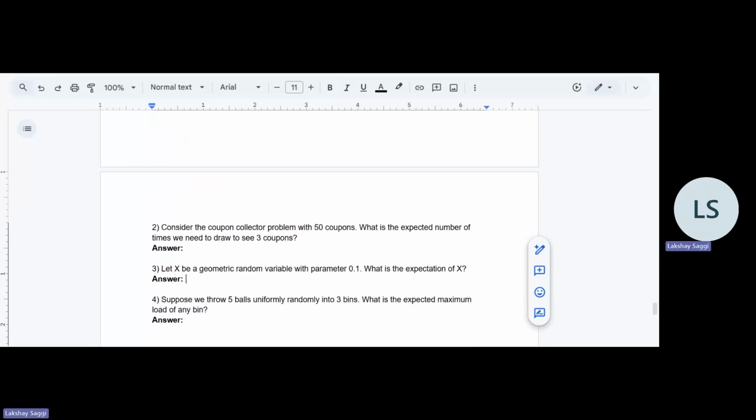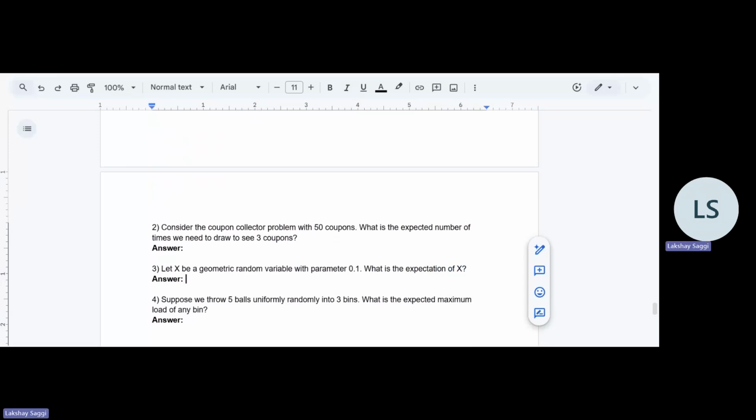The problem says: let x be a geometric random variable with parameter 0.1. What is the expectation of x? I hope everyone is familiar with geometric random variables. If not, on a very high level, suppose the parameter is some p.